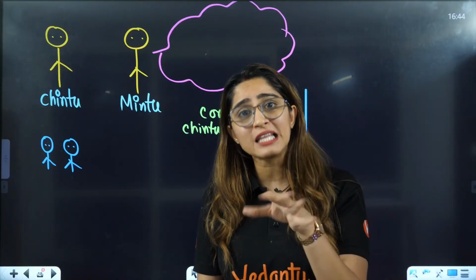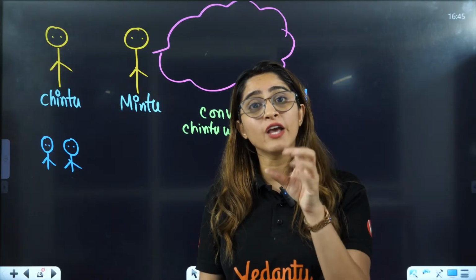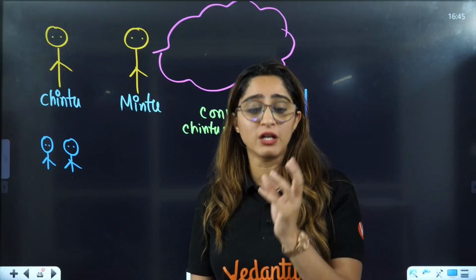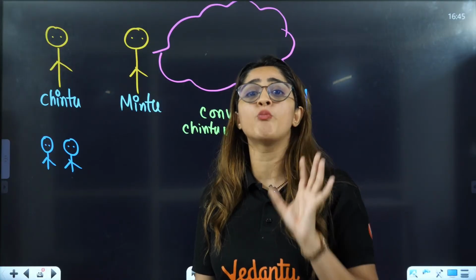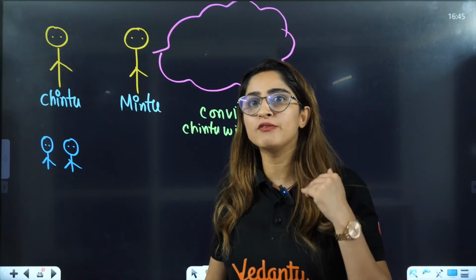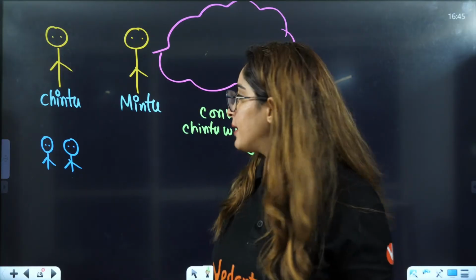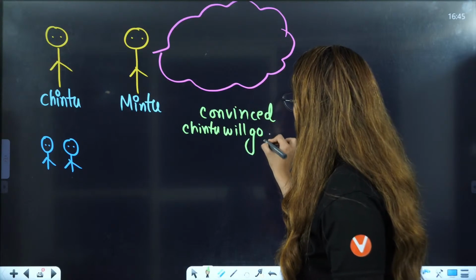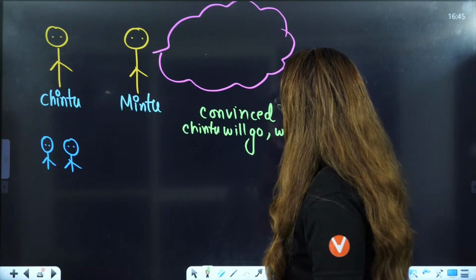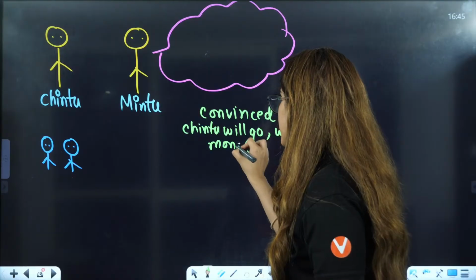We'll study on the beach. We'll solve physics, chemistry, bio modules. He convinced auntie to the next level, so the parents are like, Chintu will go with money. You go and we are giving you the money.